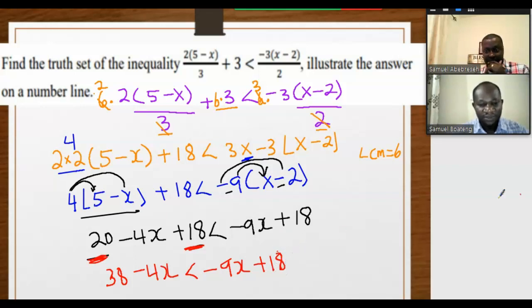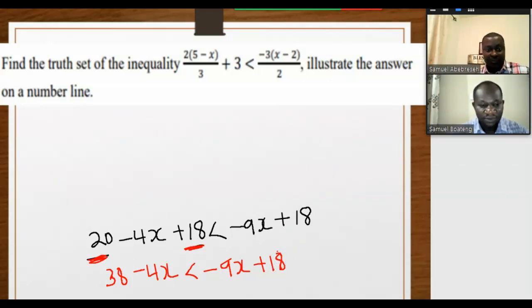So let's group the like terms. We want to send 38 to the right-hand side. Our basic concept: you subtract 38 from both sides, or you say when it crosses the inequality sign it becomes negative.